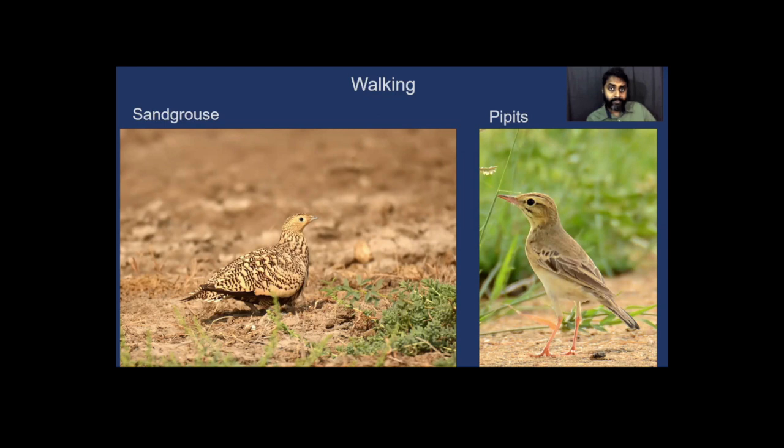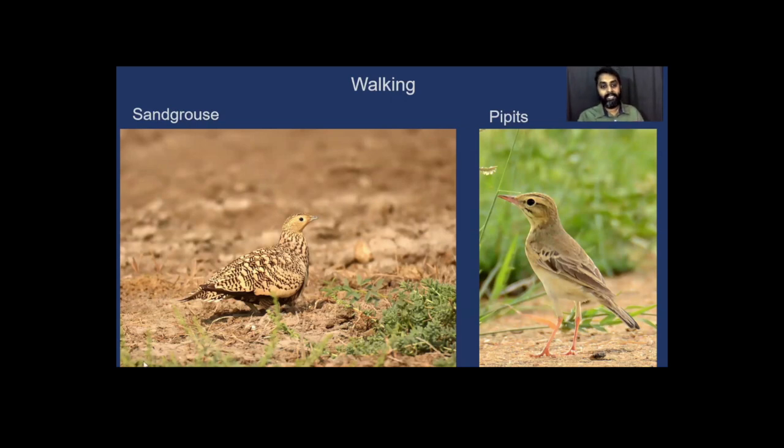Walking. So we spoke about walking, and earlier that we'll be learning to identify birds, how it will help us. You'll be surprised that not all birds, even commonly found around you, walk. It's very interesting.